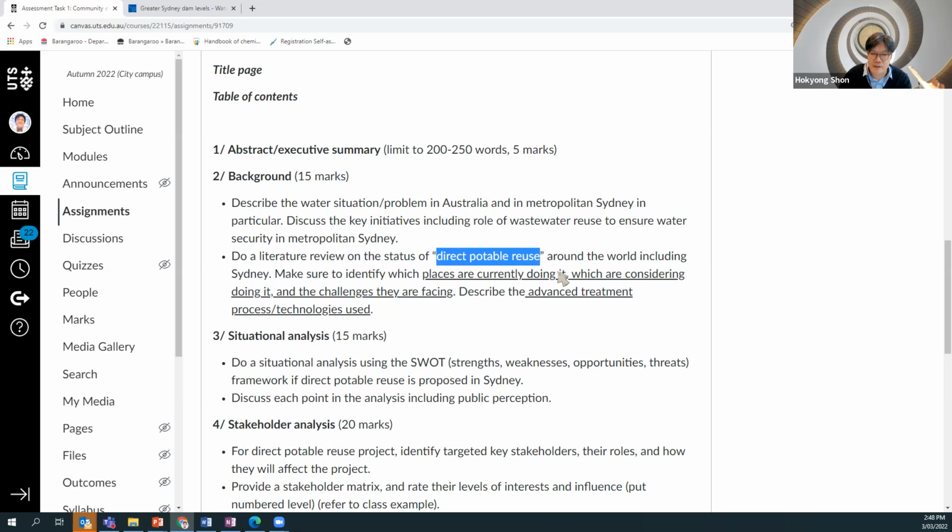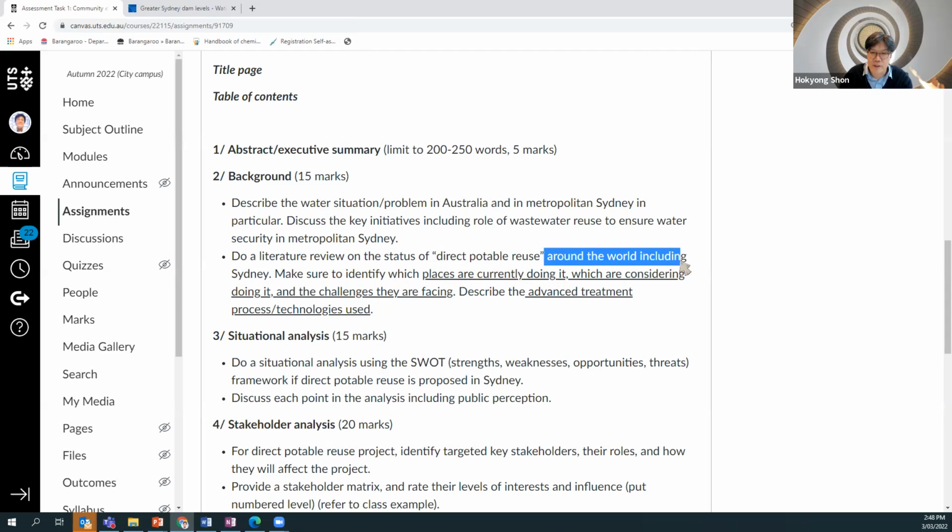In Africa, yes, they have had direct potable reuse for almost more than 50 years in Zimbabwe. So you can see what the current status of direct potable use in the world is, in the US and Africa, and what is behind having this kind of direct potable use.